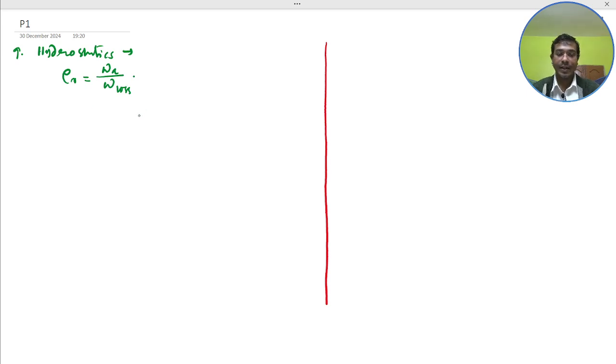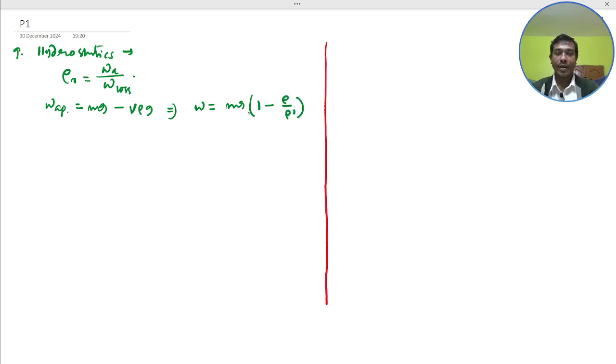Another one is the apparent weight. W apparent is equal to the actual weight mg minus the buoyant force, which is V rho g, or W equals mg into 1 minus rho by rho dash.